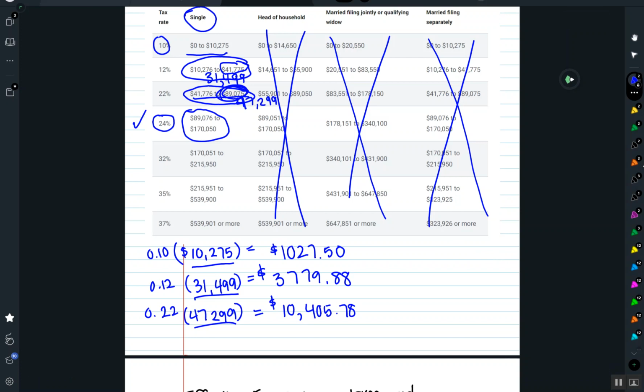Then we need to go above that because we had $92,000. So we didn't reach the maximum in this one. So we're going to subtract $89,076 to see what's left of our money that's in that bracket.